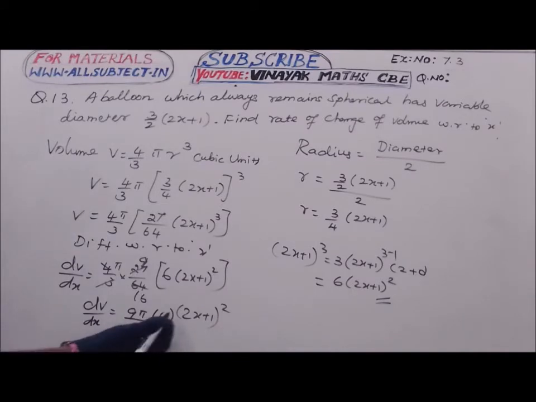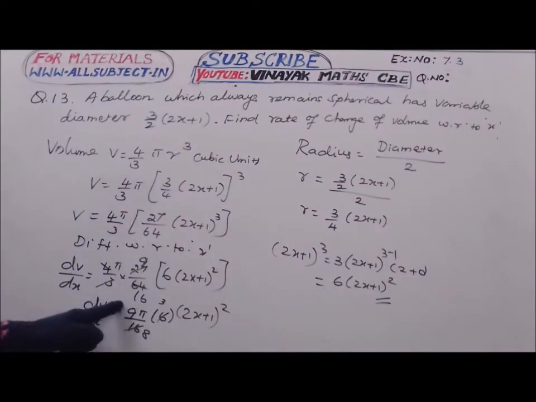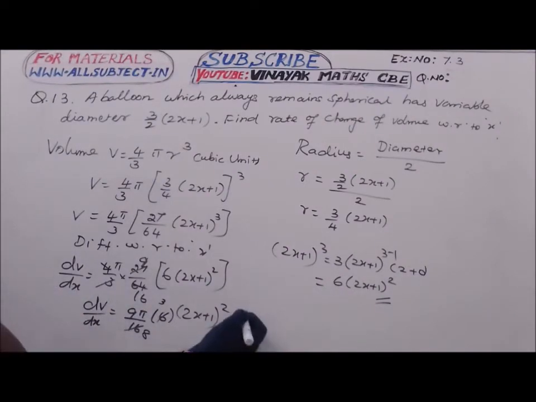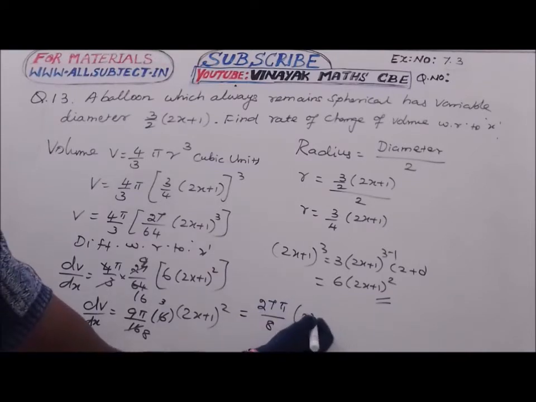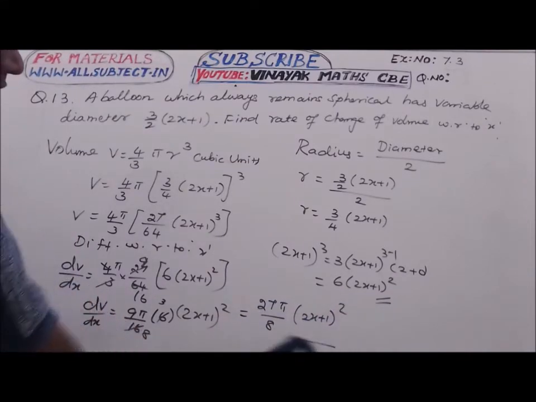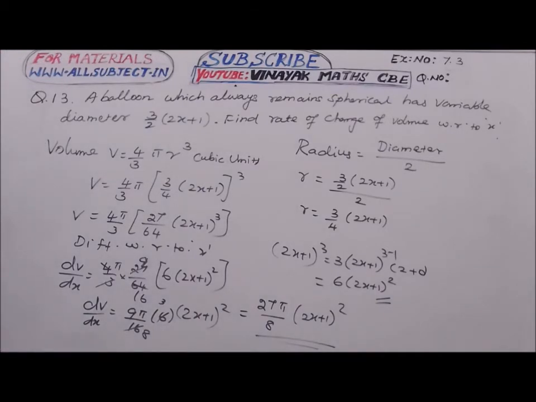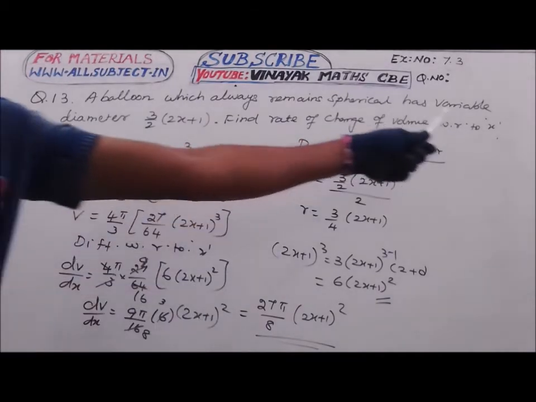We can cancel these two by 2: 2 times here, 8 times there. So 27 pi by 8 into (2x plus 1) whole square is the rate of change of volume with respect to the variable x.